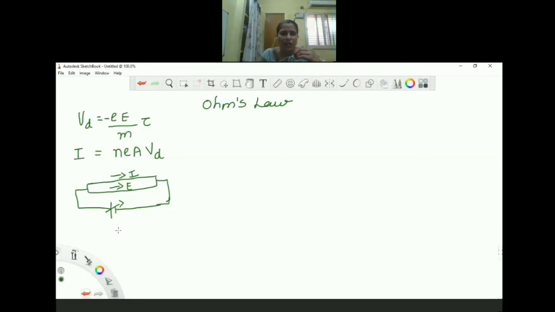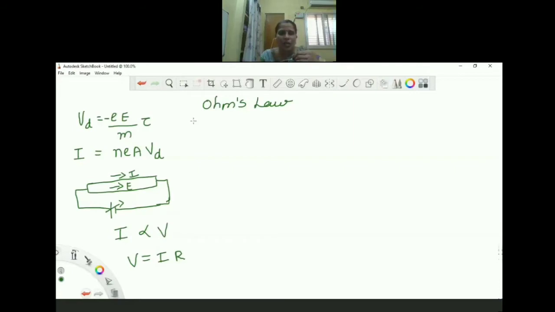We can remove this proportionality by introducing a constant, which is known as the resistance, where R is the resistance of the conductor. So V equals IR.